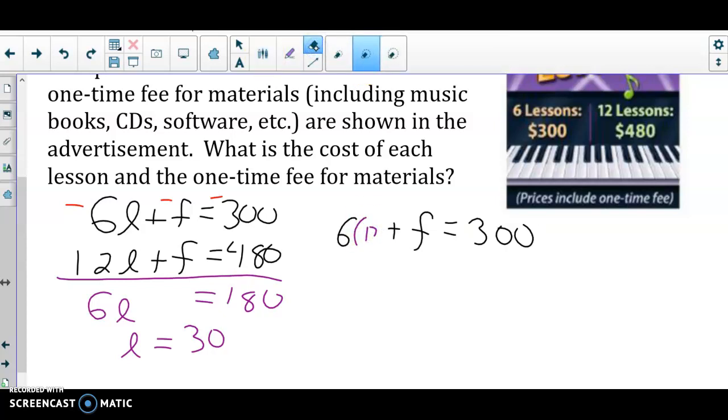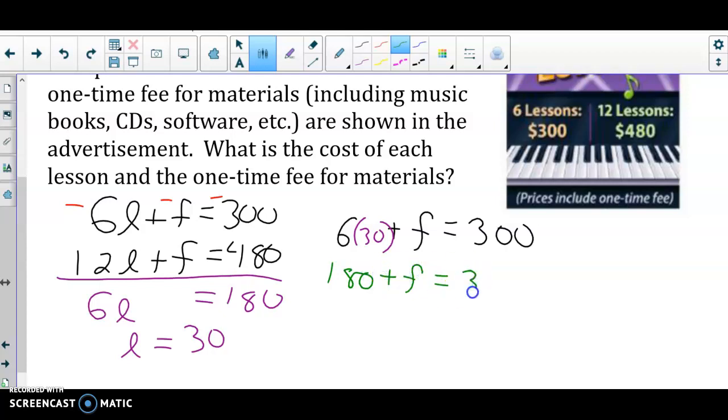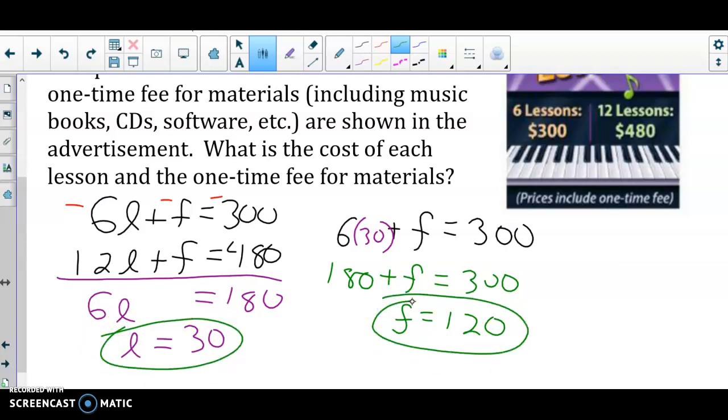Oops, wrote down wrong stuff. Let's fix it. Okay, so let me clarify that: 180 plus F equals 300. Subtract 180 from both sides, and I'm looking at 120. So my lessons are $30 each, and my one-time fee is $120.